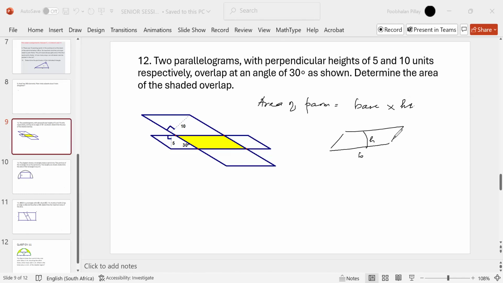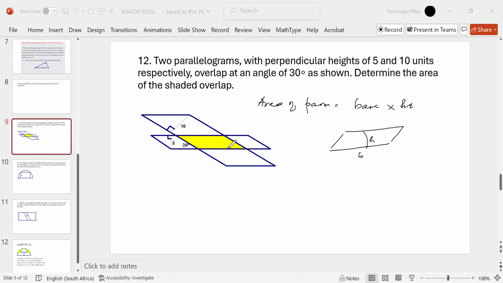But in the case of a parallelogram, it's base times height. The reason being, you can break it up into two triangles. Both of them have the area half base times height. So you add two halves, you get the whole parallelogram. You can check it out. So the area of a parallelogram is base times height.